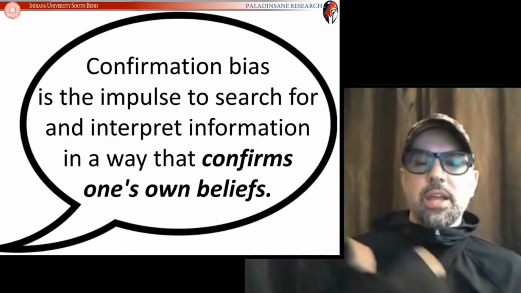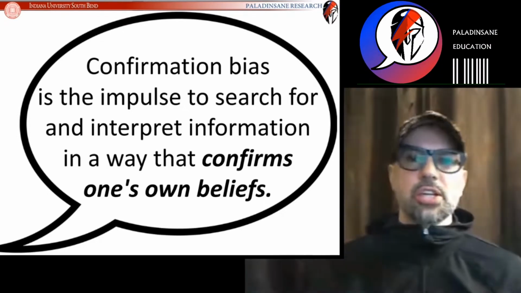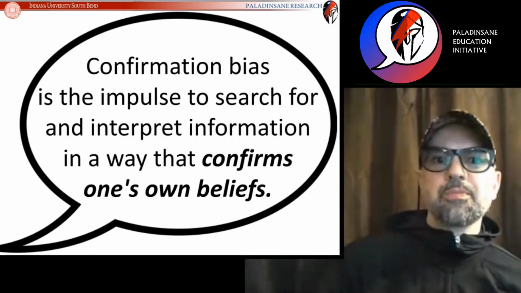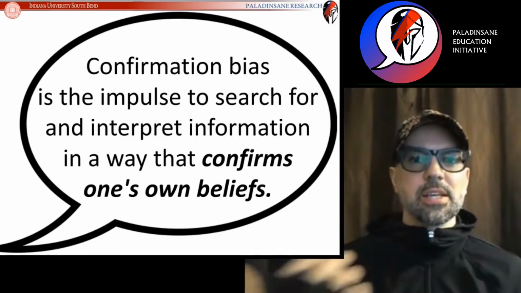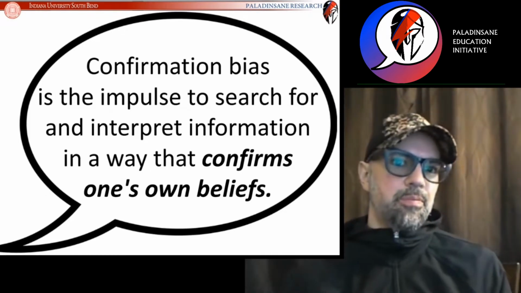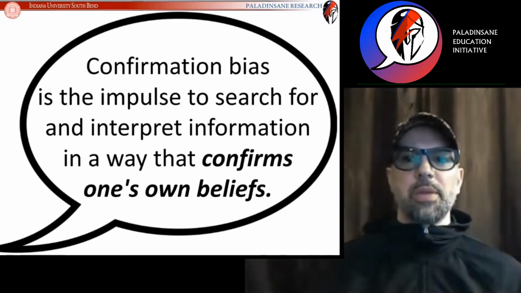And we tend to want to read about, seek out information that fits what we already believe so that we can confirm our own beliefs, confirmation bias. And also when we're presented with information, we will interpret that in terms of confirming our own beliefs. And that is also confirmation bias.